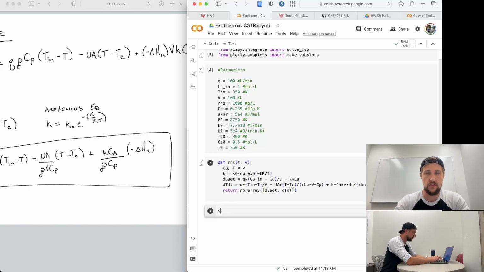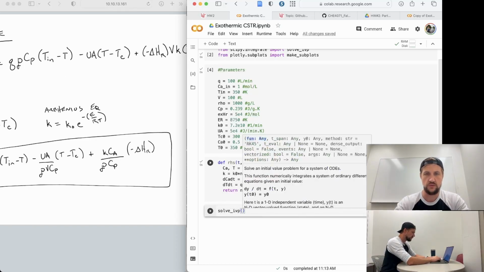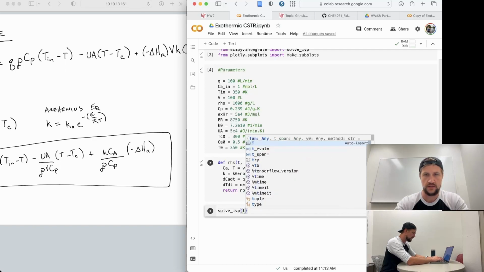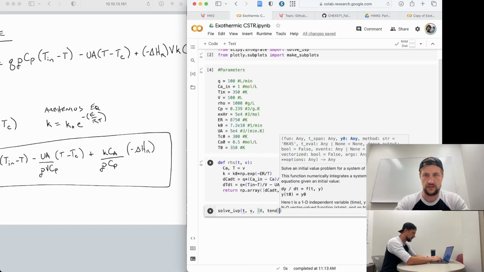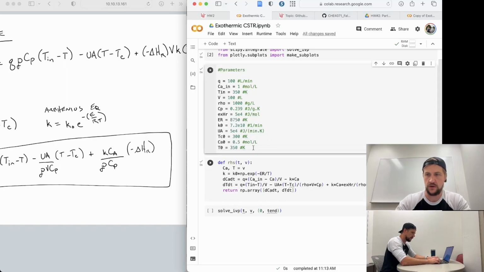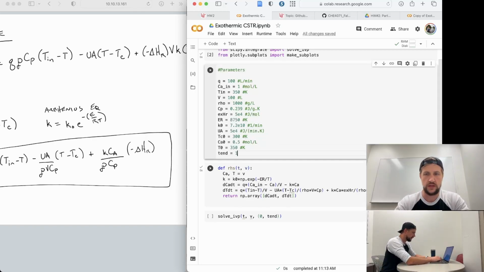Okay, now we want to solve our differential equations. So we have our t and our vector of arrays, and then from 0 to t end, and look at that, t end does not exist. We should probably throw that in. Let's do 10 minutes.